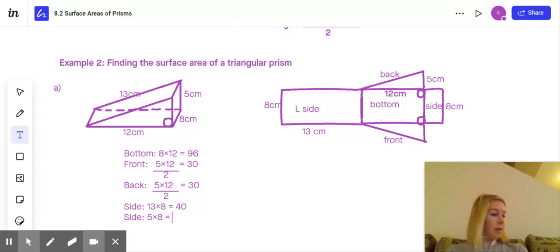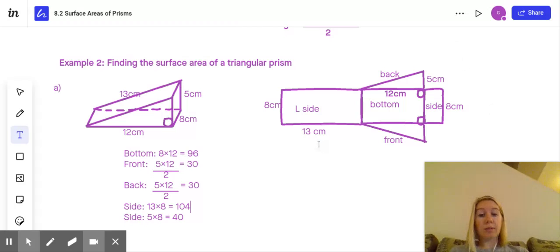And I know 5 times 8 is 40. Wait, 13 times 8, I don't think that was right. 13 times 8 is 104. There we go. I was looking at the wrong thing.